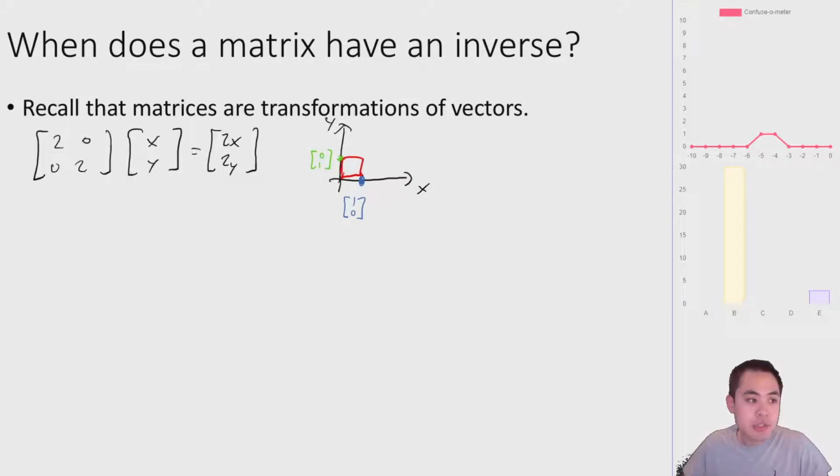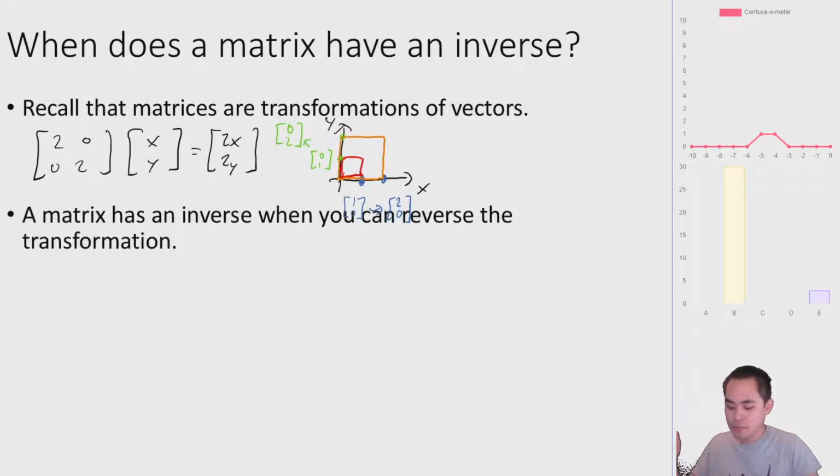This transformation moves everything outward. That goes to 2, 0 after the transformation, and this goes to 0, 2. You end up with a bigger box after the transformation, so the operation of this matrix was to make things bigger.